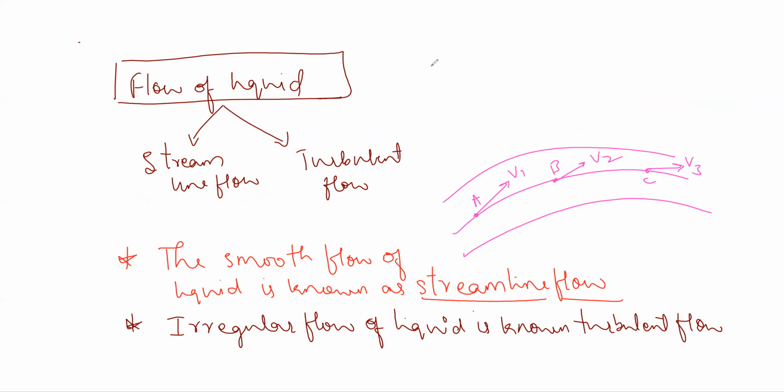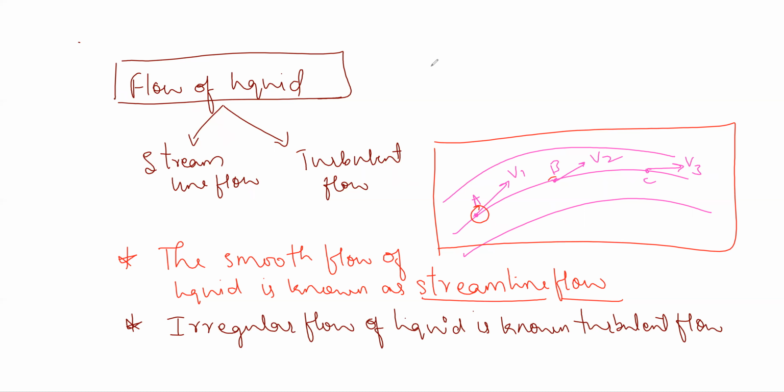In order to explain, we are considering this diagram. Let us consider the flow of fluid in a tube, as shown in the figure. Let the path followed by a particle of the fluid be represented by a line A, B, C, and let V1, V2 and V3 be the velocities of the particle at points A, B and C respectively.